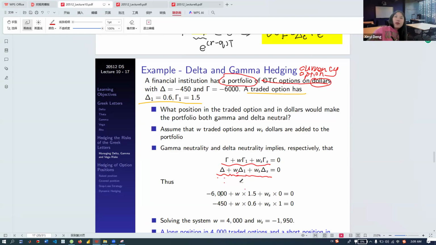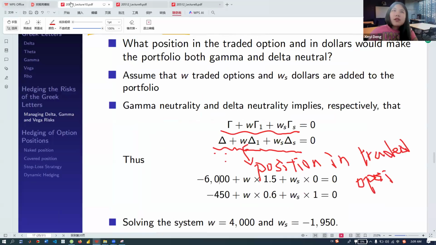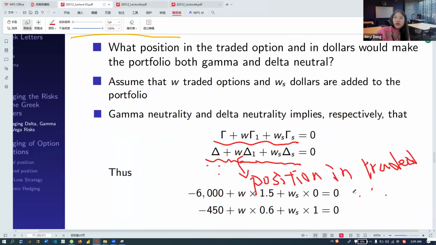W is the position in the traded option, and WS is just the position in spot.